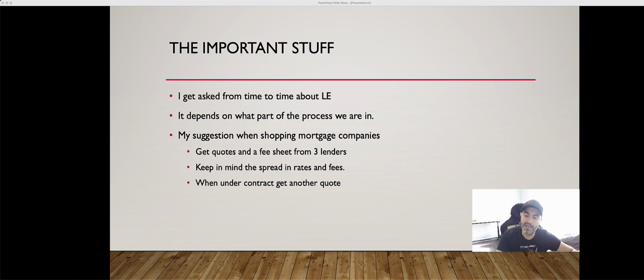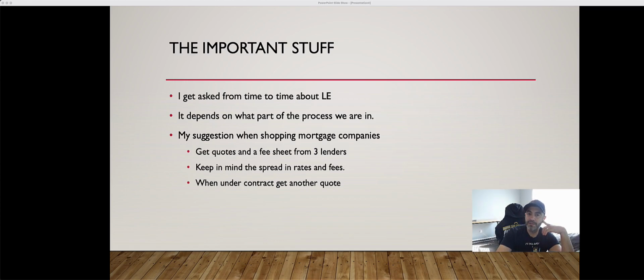And like I said before, I tell people to really key on Section A. Depending on which part of the process we're in will depend on if you get the initial loan estimate, or an updated loan estimate, or if we're later on in the process, you should start getting your closing disclosures, which is similar to the loan estimate as well.